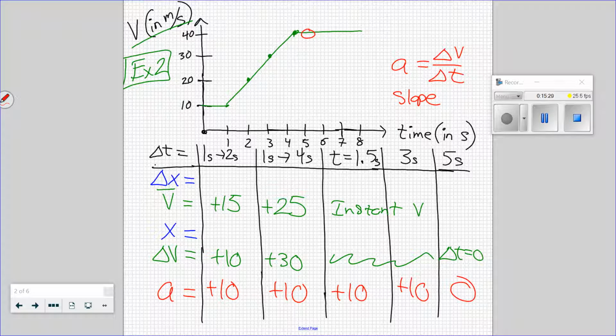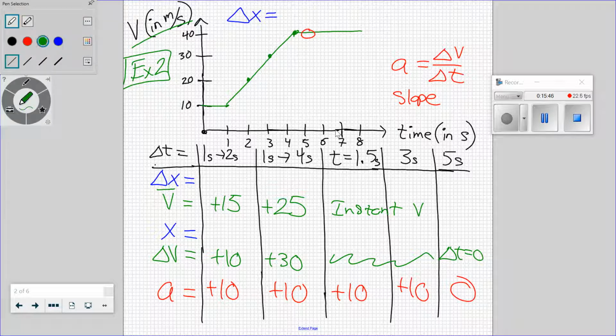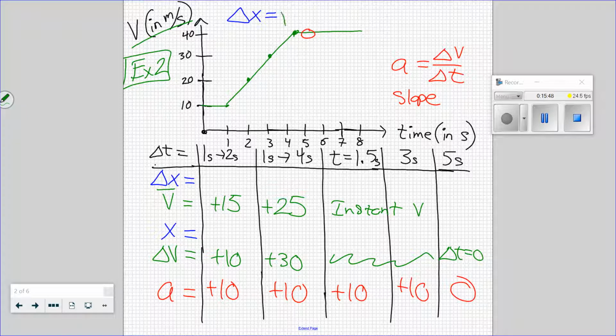Oh. What was displacement again? The simplest equation? Isn't it the average velocity times the time, isn't it?